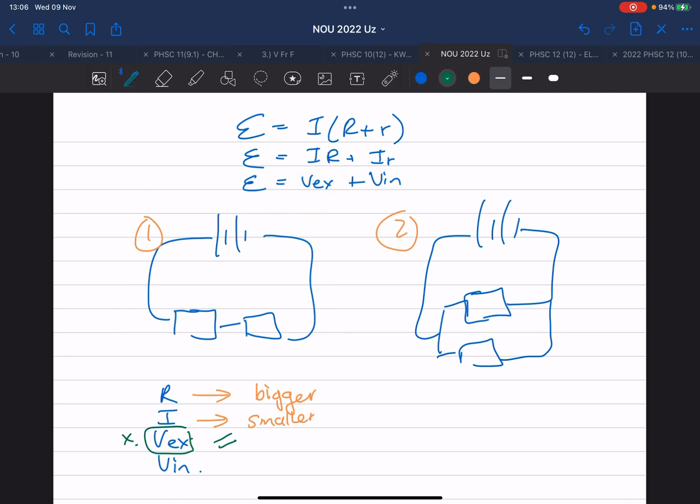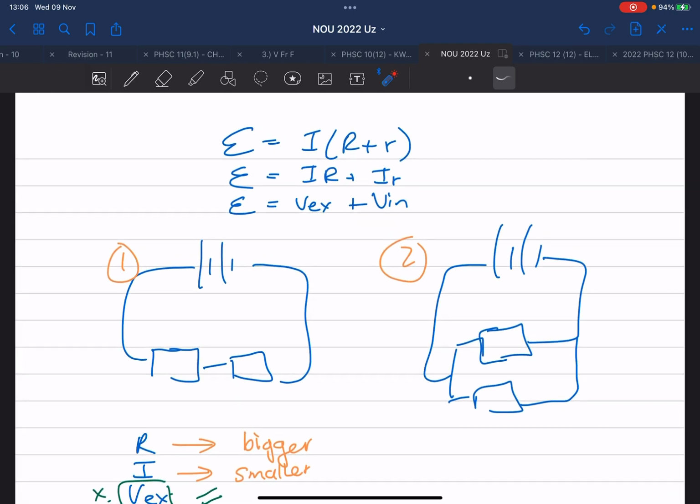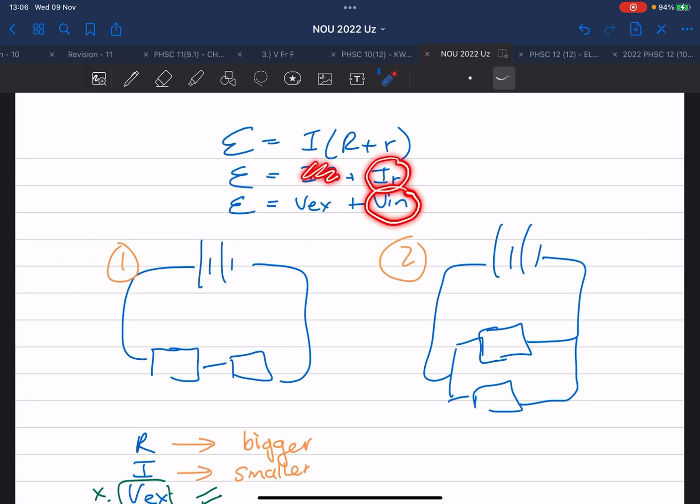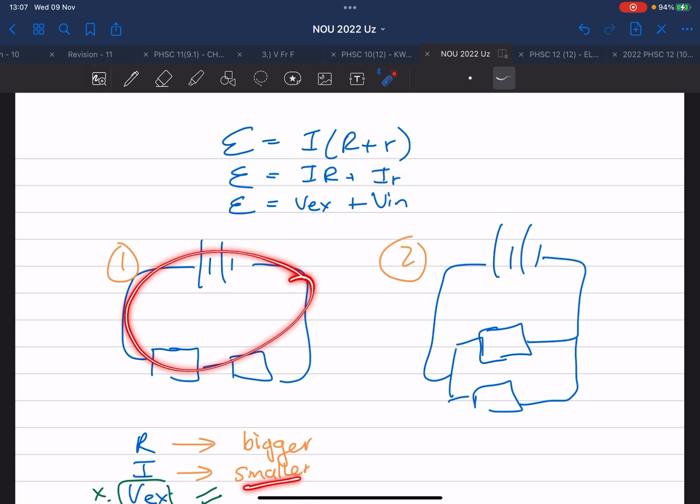Goed, so I'm not going to look at that. I want to look at the lost volts, the volts internal. The internal resistance for these two components are both r and r. So hulle r is dieselfde. Wat is verskillend? Hulle stroom, the current is different. Hierdie een se stroom gaan kleiner wees. This one's current will be bigger.